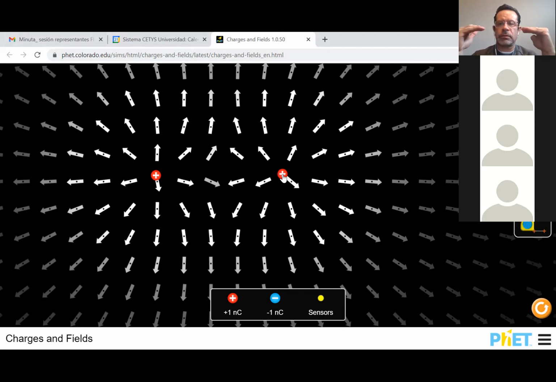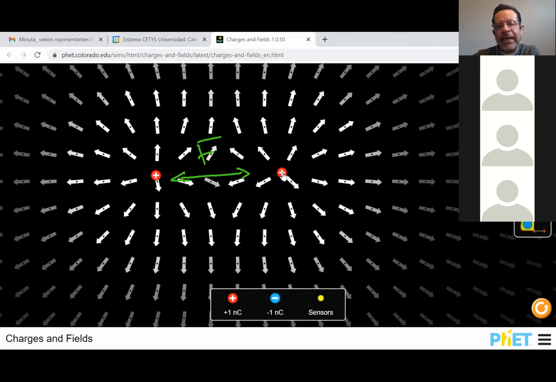Well, the arrows are going against each other. So the electrical field of each of the positive charges is emanating. So when they interact, there is also going to be a force between these two. But the electrical fields are repelling each other. They're going against each other. So this force is going to be a repulsion force.